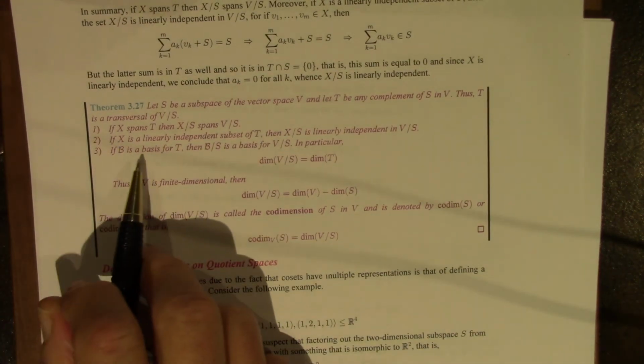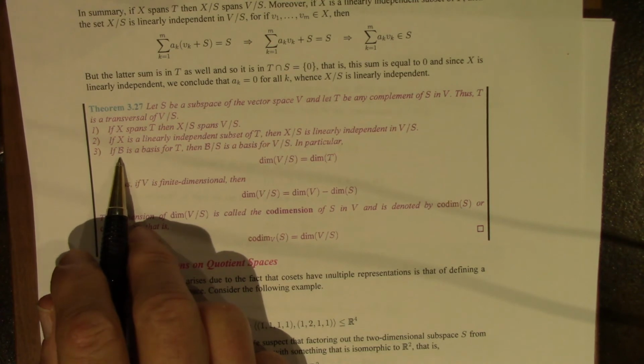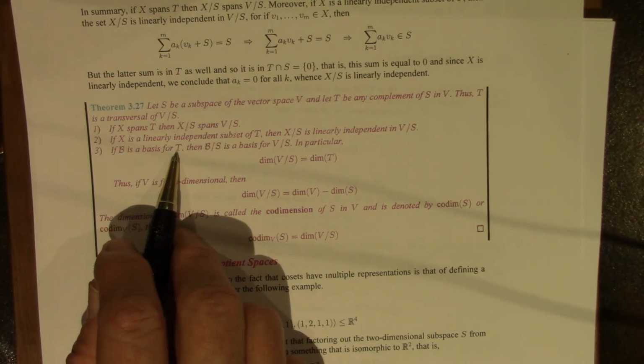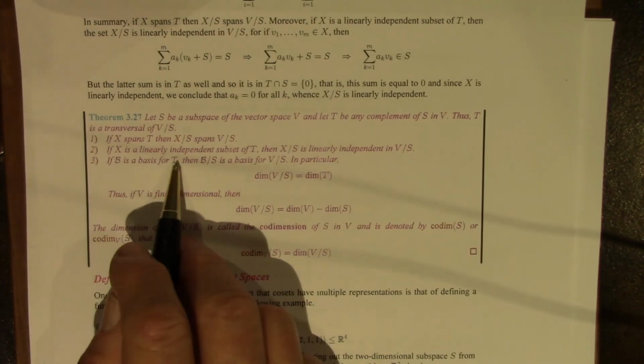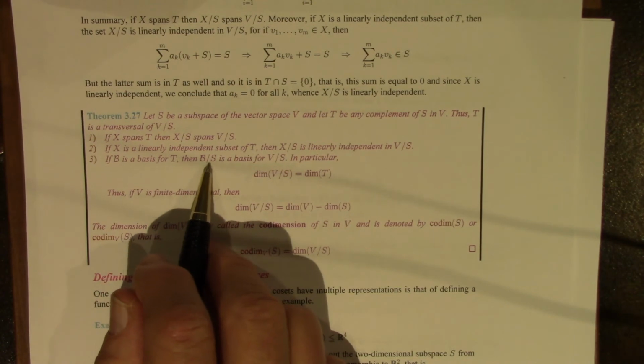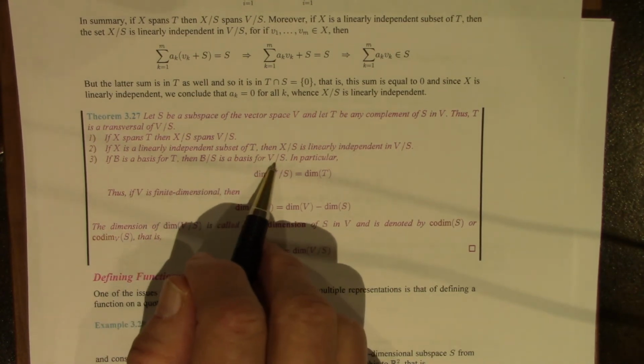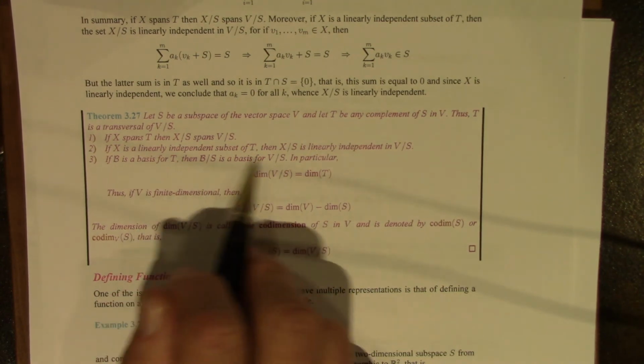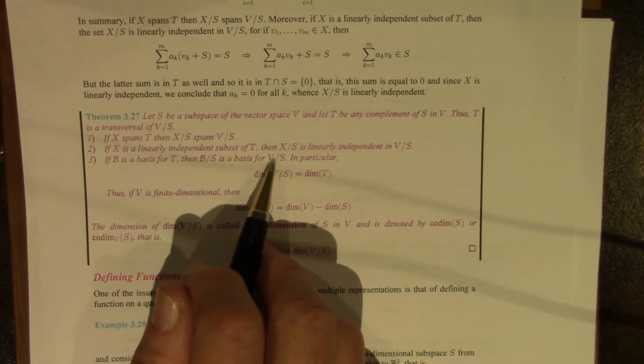And part 3 then says that if B is a basis for this transversal subspace, then B mod S is a basis for V mod S. This is a primary way to get a basis for the quotient space.